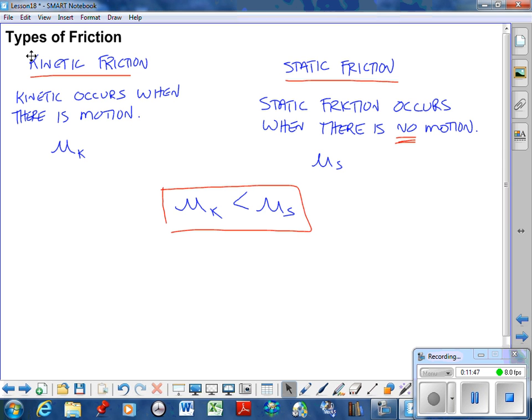So mu k, kinetic friction, is always less than static friction. You've already got something sliding. It's easier to keep it sliding than to get it sliding. And also remember, please, that any mu value has to be between 0 and 1. You cannot have a negative mu value, and you cannot have a value over 1.